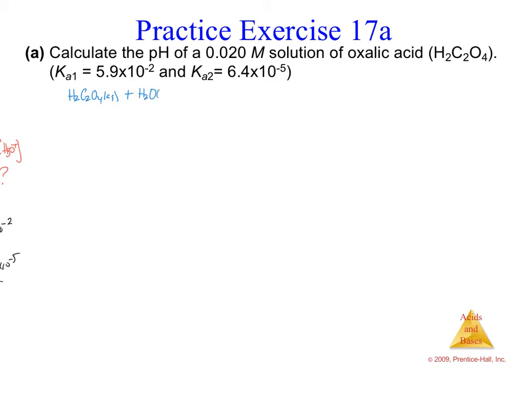The acid reacts with the water to produce HC2O4 minus plus hydronium. I know my Ka1 expression. Oops, let me erase. It should be HC2O4 minus, I lost one proton. So hopefully you caught that mistake of mine.